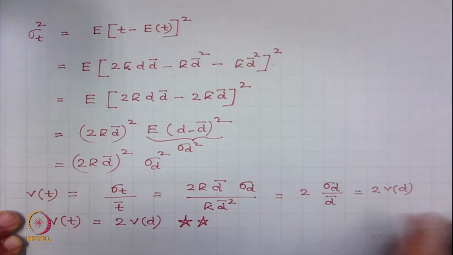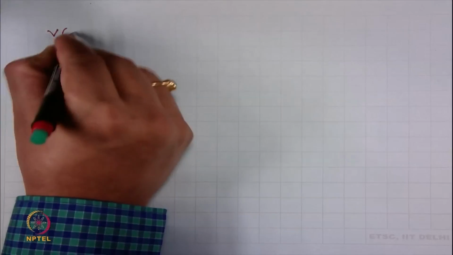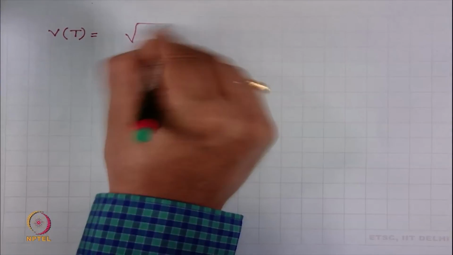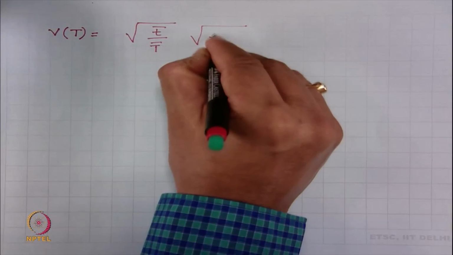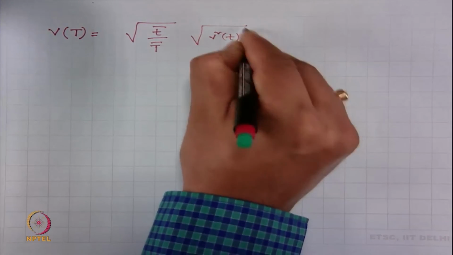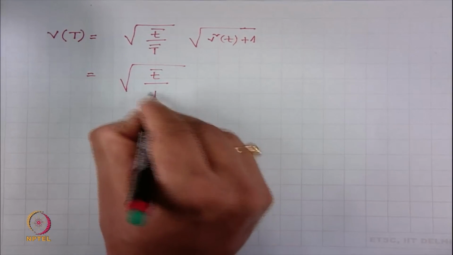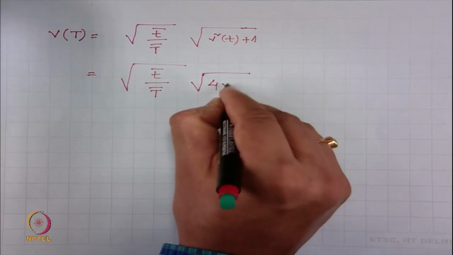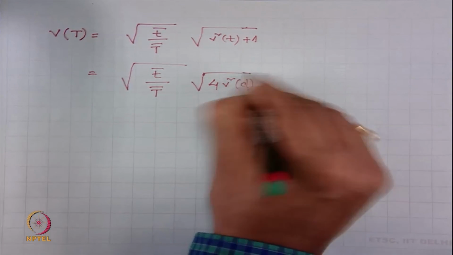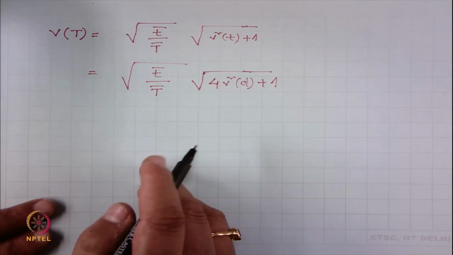So, if we substitute these in Martindale's expression, V t bar by T bar, V square t plus 1. So, T bar by capital T bar, V square t is 4 V square d plus 1, right.